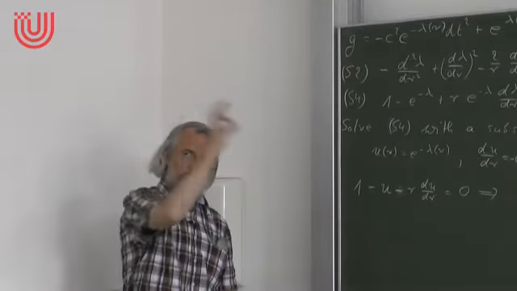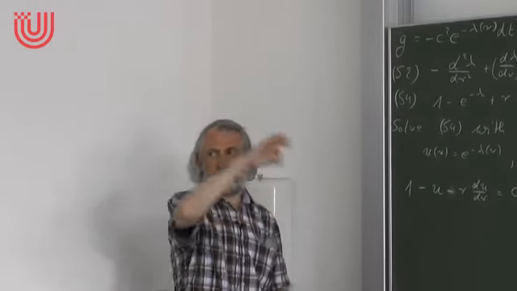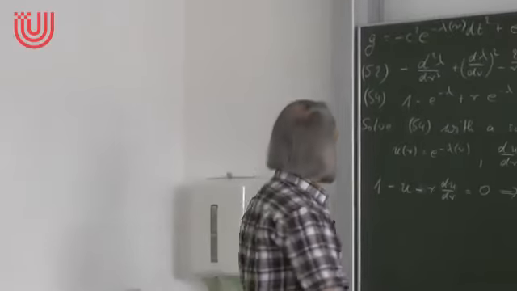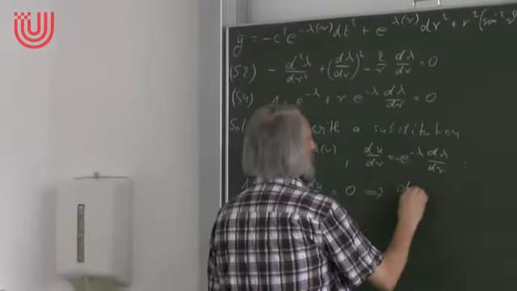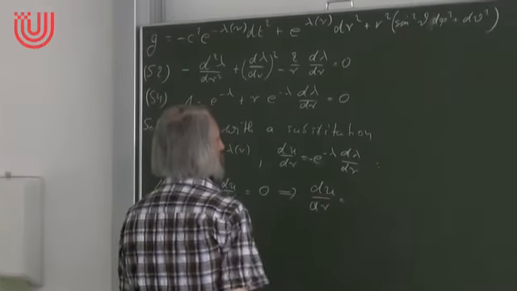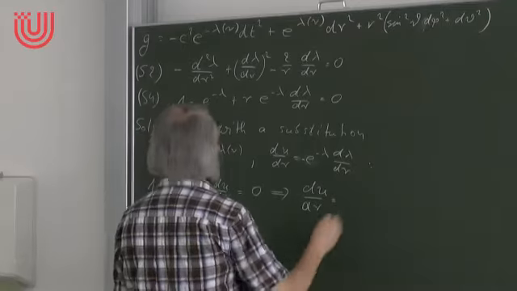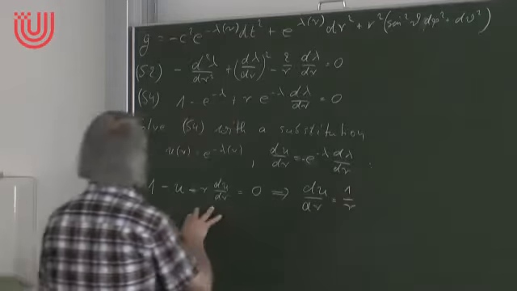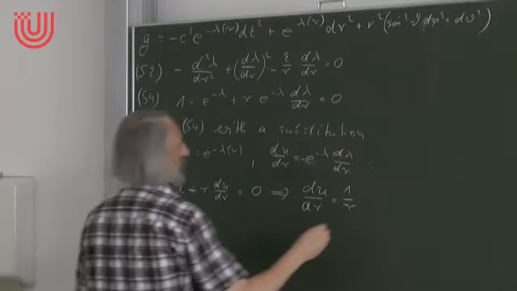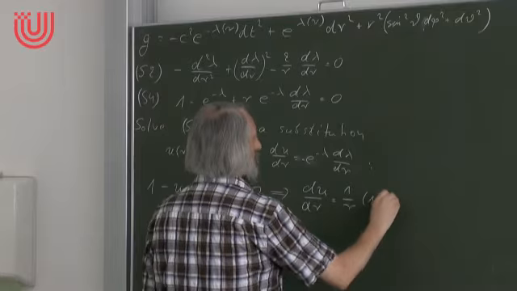Try to get all terms which involve one variable on one side and all terms which involve the other one on the other side. And that's easy here, right? So, okay, let me do it in 2 steps. So first I could solve for du by dr. Then I have 1 over r. This is now on the other side, so I have 1 minus u here.